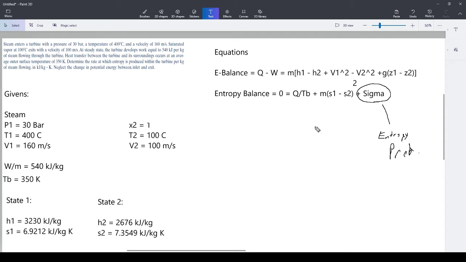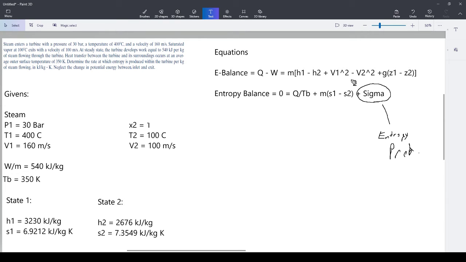Now let's go through this question and see what we know. We know S1, we know S2. We don't need to know the mass flow rate because we're looking at it in terms of mass. If it gave us a mass flow rate or a way to find it, it would be in kilojoules per kilogram Kelvin, and we'd multiply by mass. We do not have that, so this goes away.